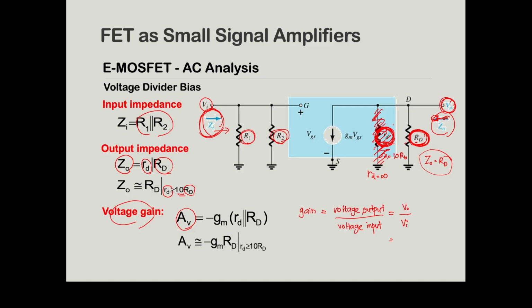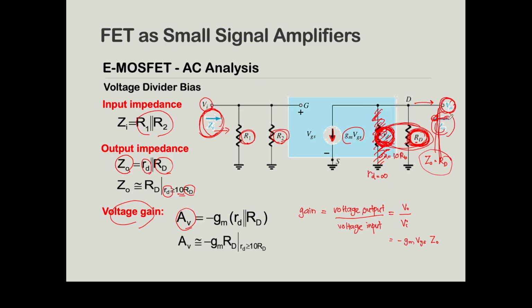V out is the same as our BJT. V out is the voltage at this area, and if you look, the arrow is going downside, but we want to find the voltage on this side. So it will be negative GM VGS multiplied by the resistance, in this case Z out.